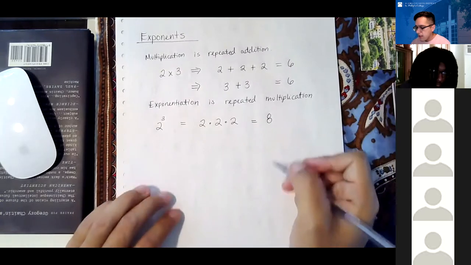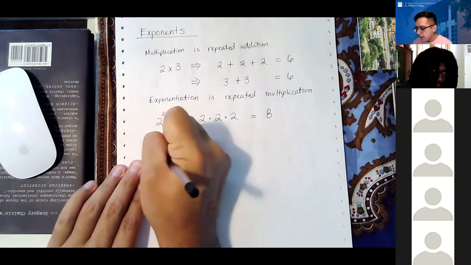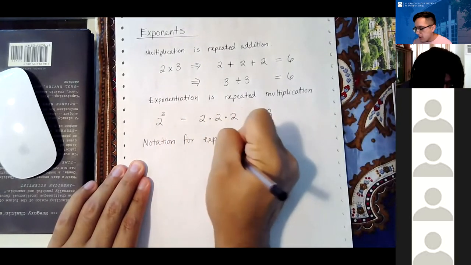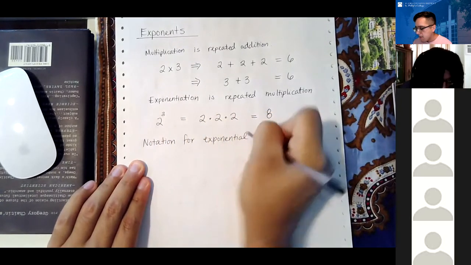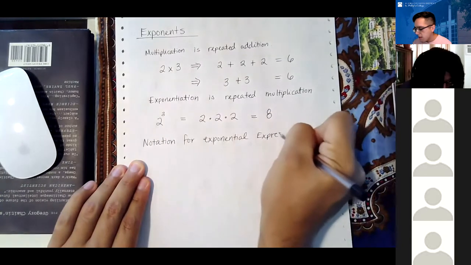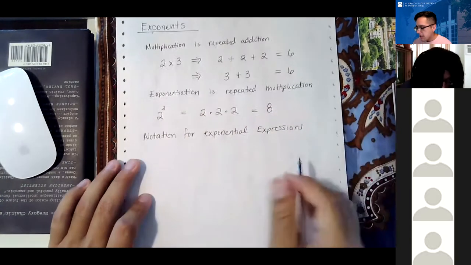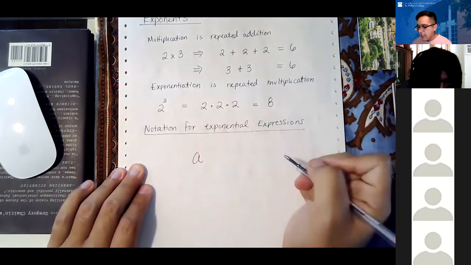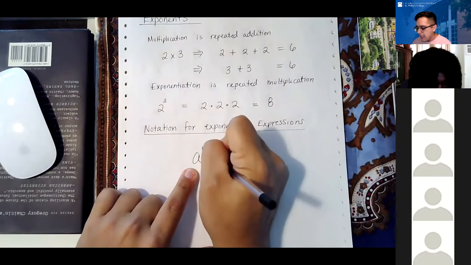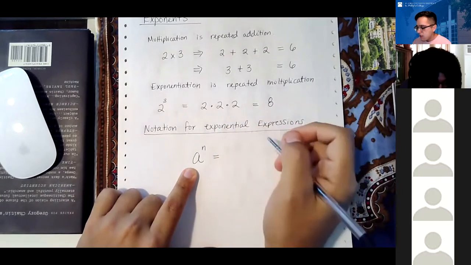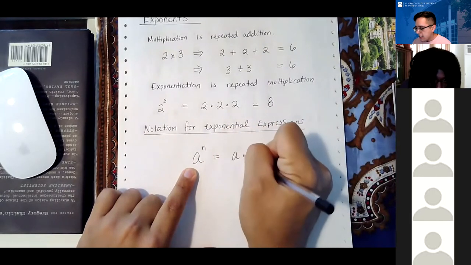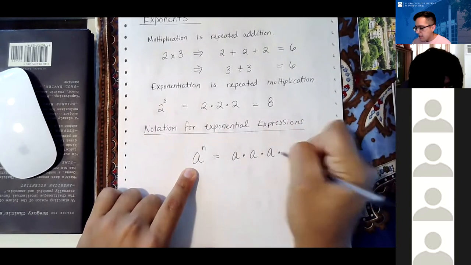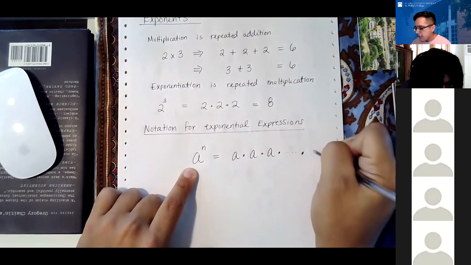Okay, so the notation for exponential expressions is this. We could have a raised to the n is equal to a times a times a times dot dot dot times a.